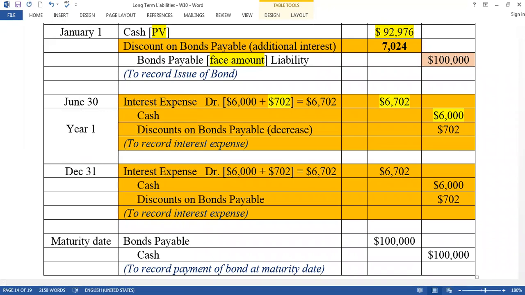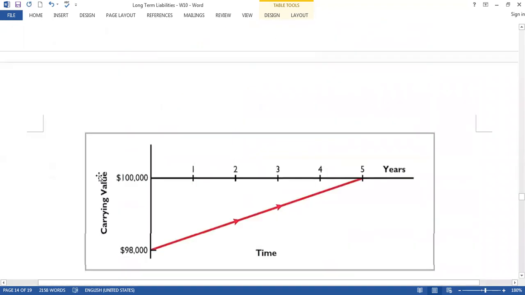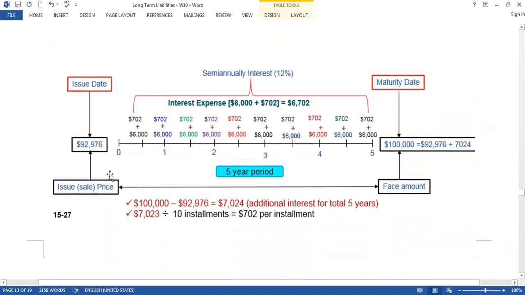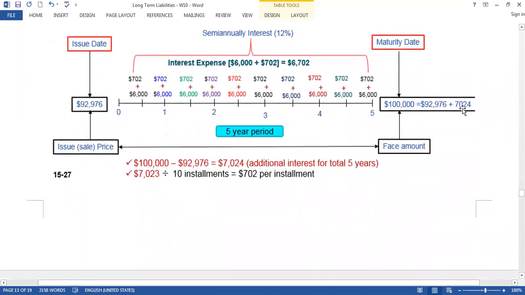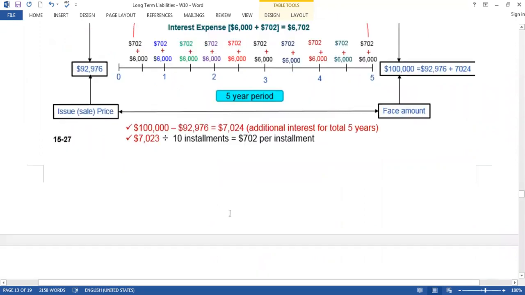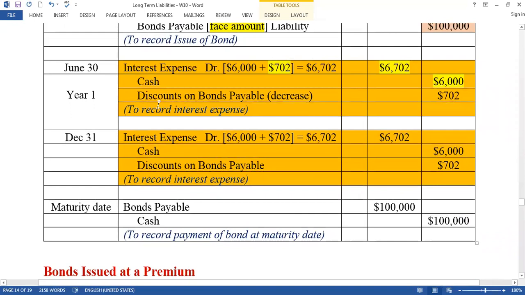So for year two, year 3, year 4, year 5, same journal entry. Our discount is going to decrease, right? It is going to be added to interest expense every year. So discount is decreasing. Okay.